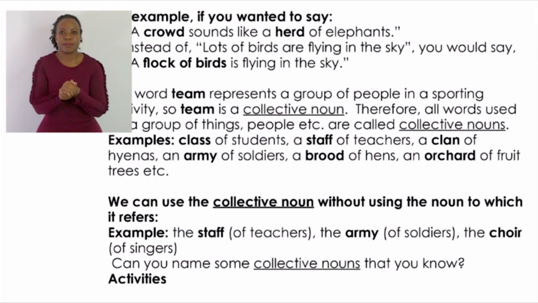Example number 2, instead of lots of birds are flying in the sky, you would say the flock of birds is flying in the sky. So flock becomes the collective noun for a group of birds. So we say a flock of birds is flying in the sky.